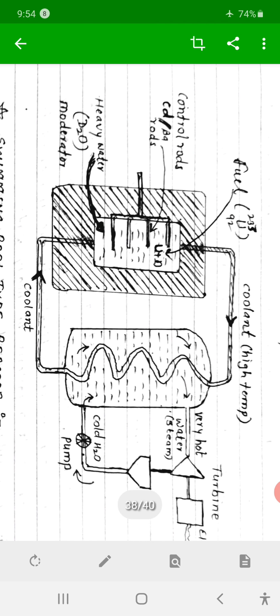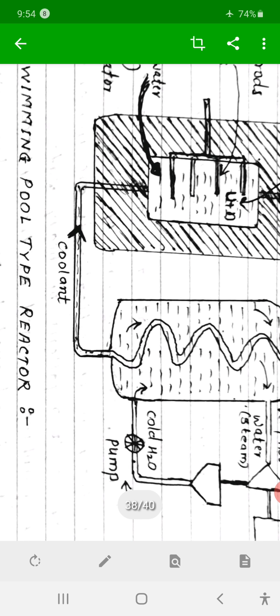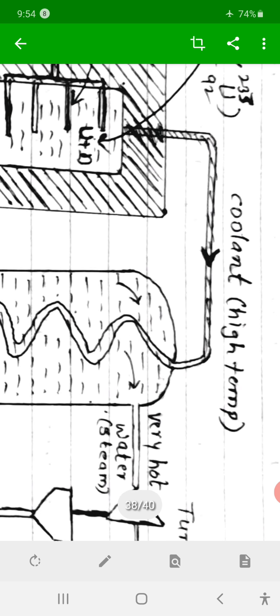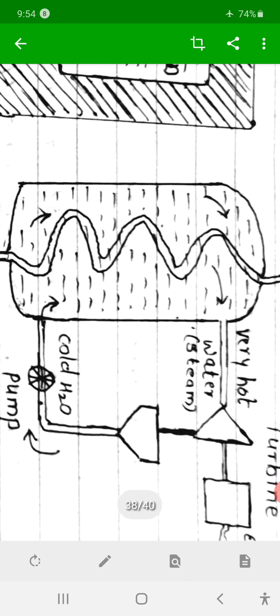Then there is circulation of the coolant, and here the turbines are at this side. Because of the generated heat, the coolant will be boiled and converted into a gaseous state. If liquid water is passed from the lower side, then from the upper side it is removed as high temperature gaseous water, which will again circulate here.